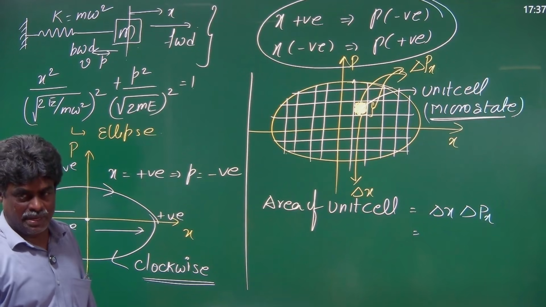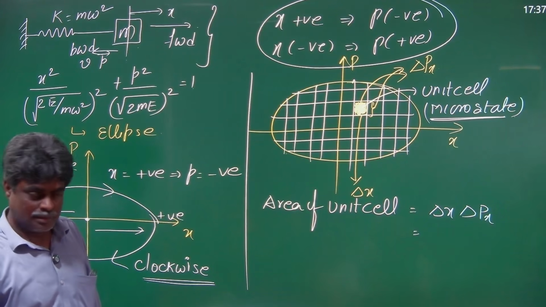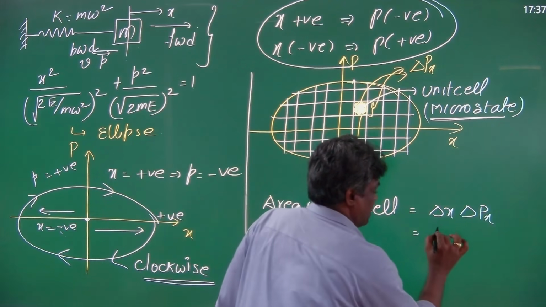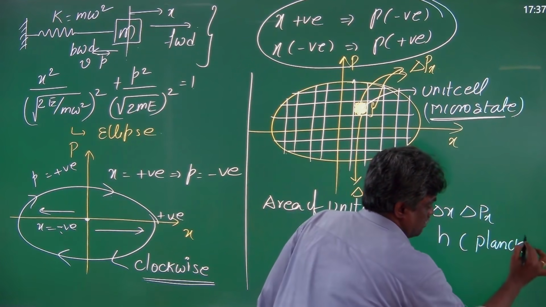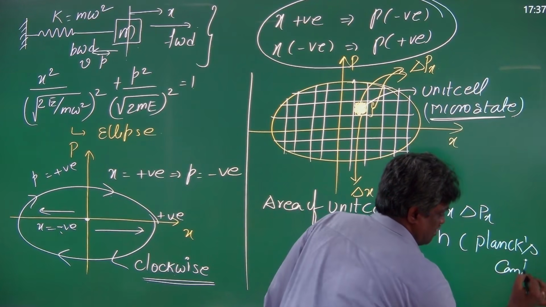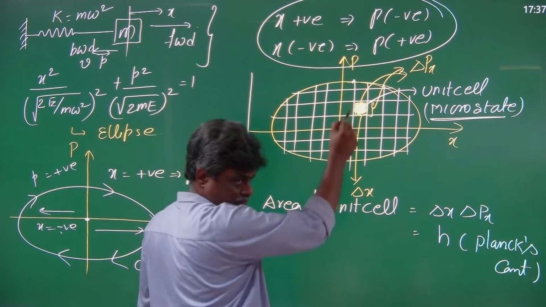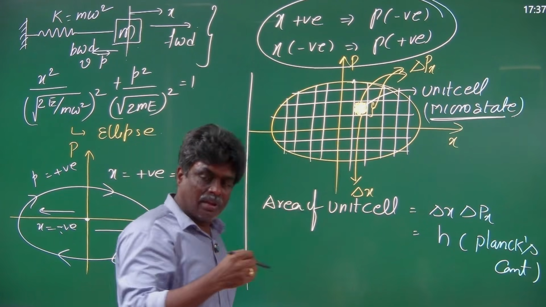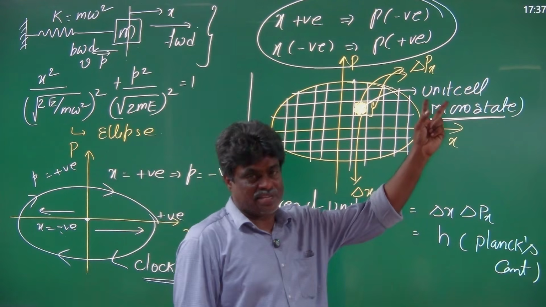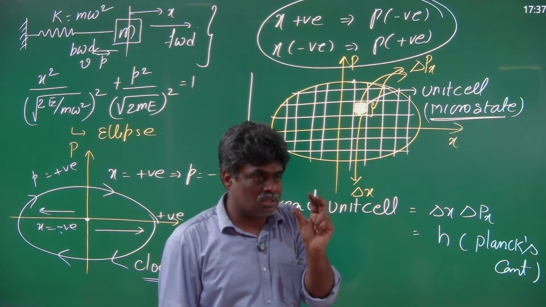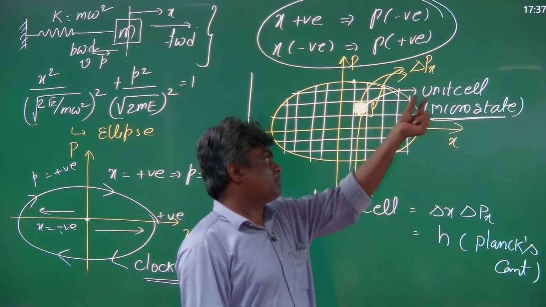It's Planck's constant, taken as Planck's constant h. The smallest available area. If it is 3 dimensional, the smallest available volume. That's why it is called a unit cell. Unit cell means the smallest available volume in 3 dimensions, so in 2 dimensions we can say the same.